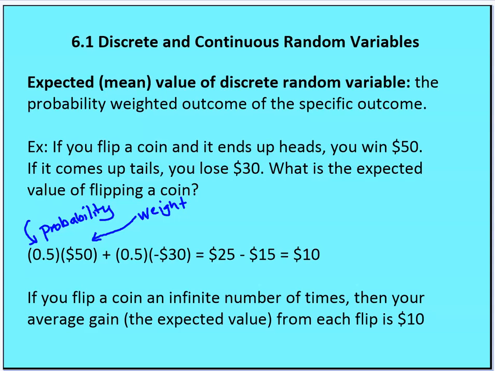So flipping a tails, again, is 0.5 times the value or weight, which is negative 30. So we end up with 0.5 times 50 or $25, plus 0.5 times negative 30, which is minus $15. And that is equal to $10.